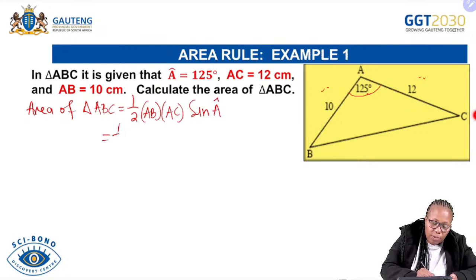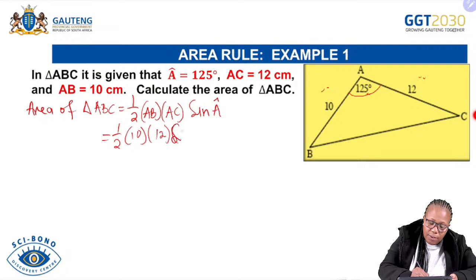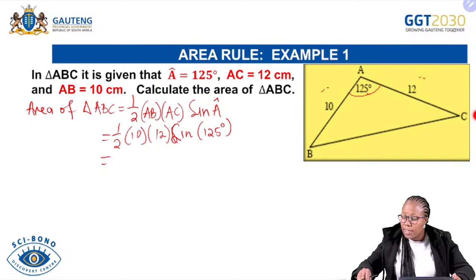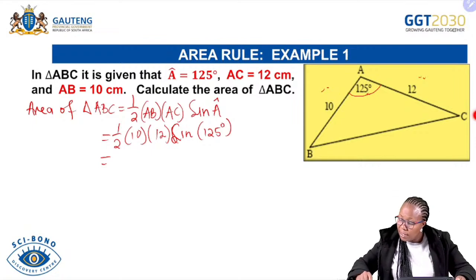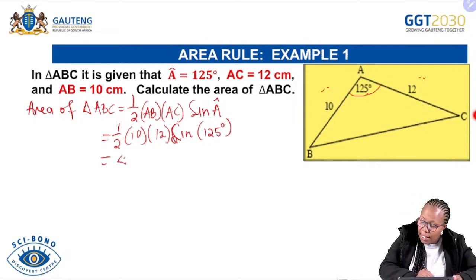And then we can now substitute the values. That is half of 10, AC 12, and then with the sine of 125 degrees. Into your calculators, grade 12s, straight to the answer. This will give us an area of 49,15.